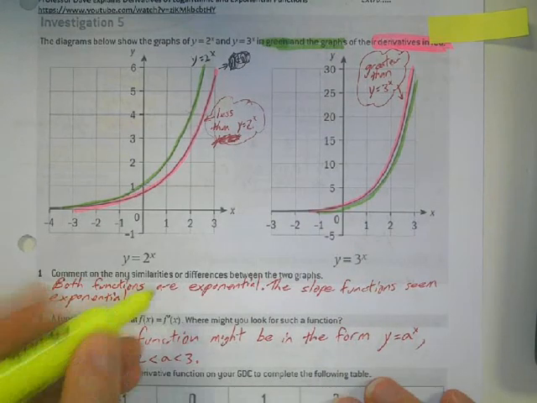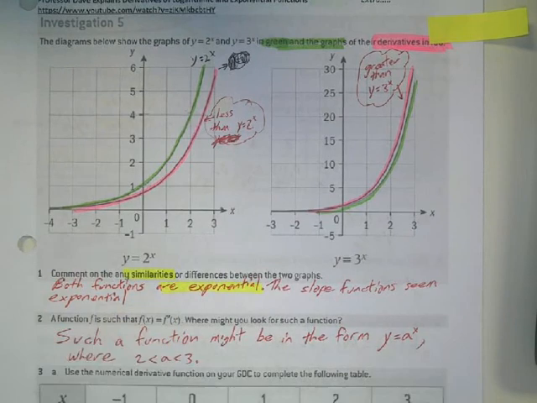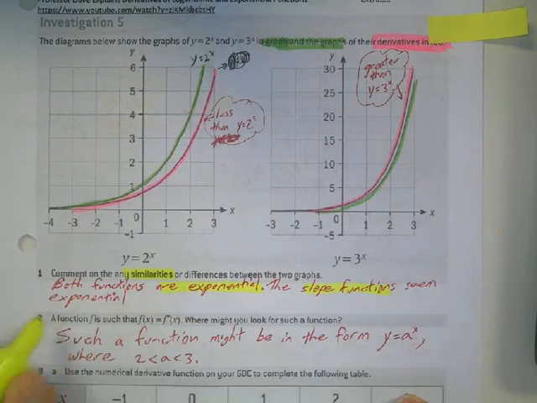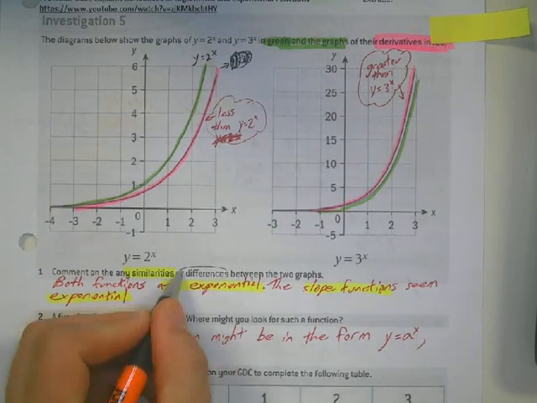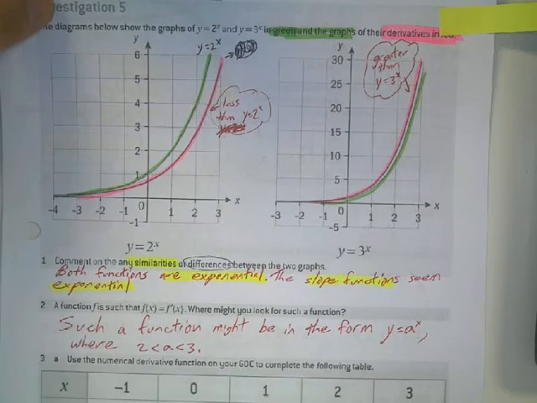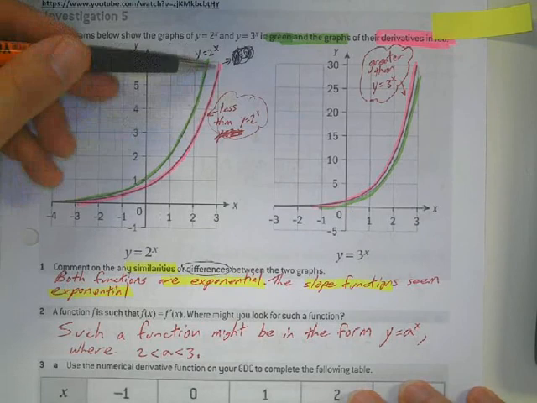The similarities is they are both exponential, and the slope in red also seems to be exponential. The differences is they're not exactly the same. So when I have 2 to the x, the derivative function is slightly lower.